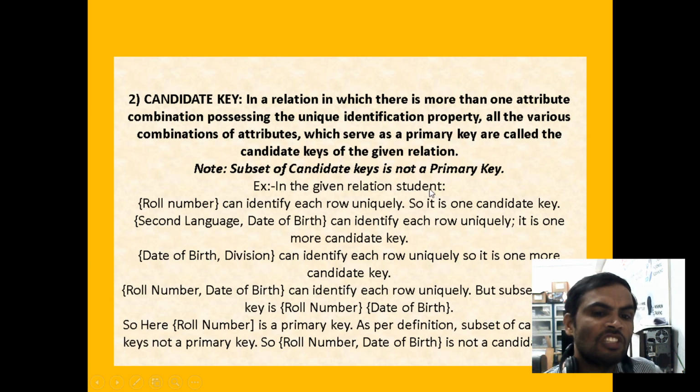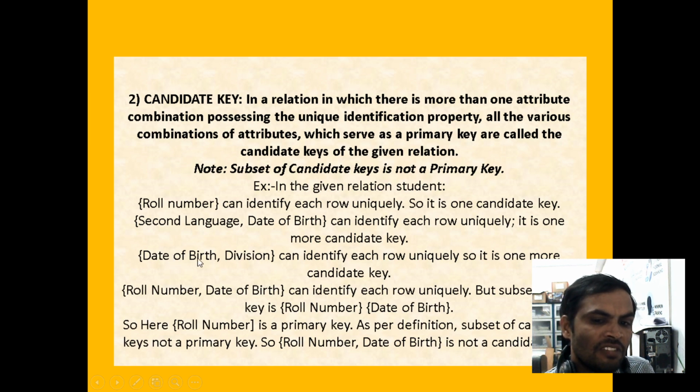In the given relation, student, roll number can identify each row uniquely, so it is one candidate key. Second language and date of birth can identify each row also uniquely, but duplicate values will be there, so we should not consider it.